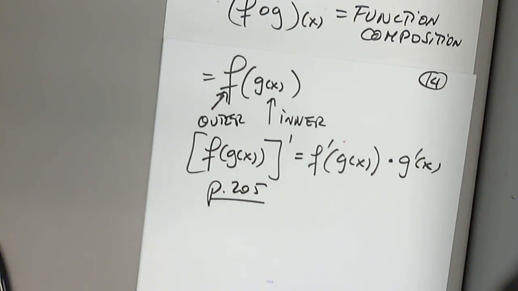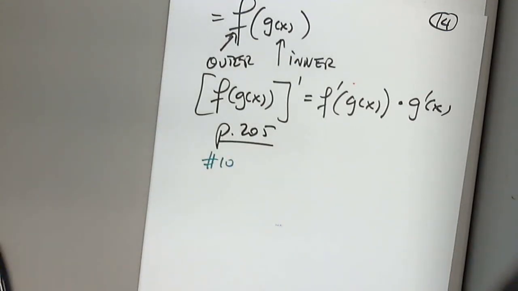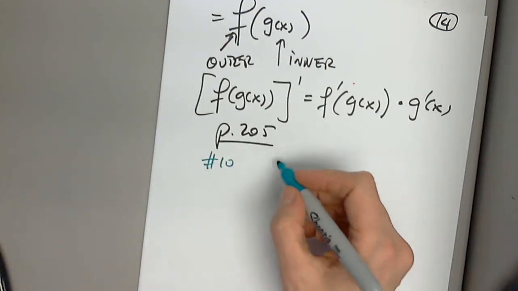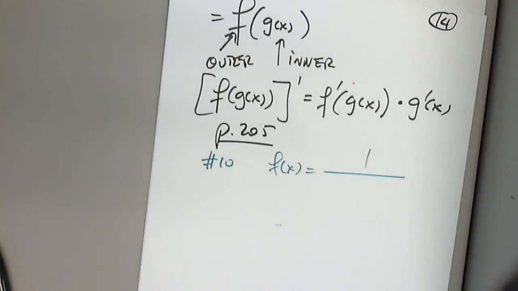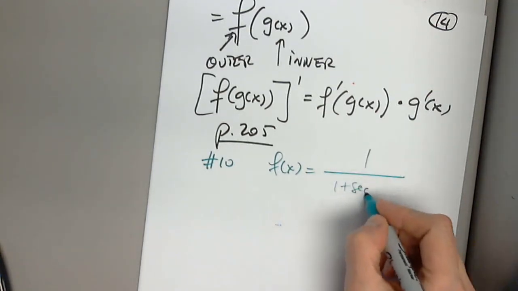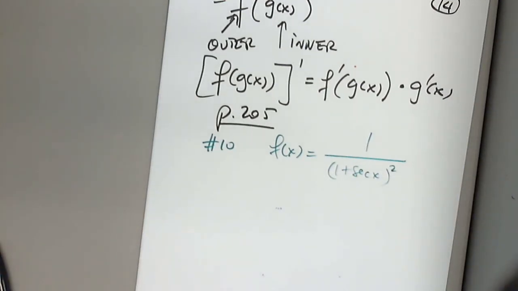Okay, let's start with, yes, I would like to start with 10. In 10, we have f of x, which is 1 over 1 plus secant x, everything squared. And you will say, well, it's a ratio, you have to apply the quotient rule.